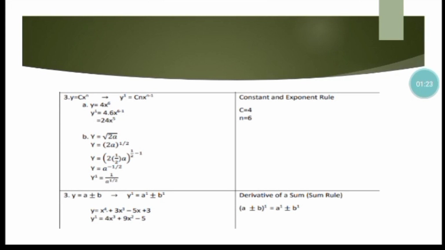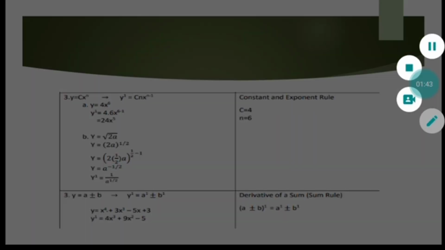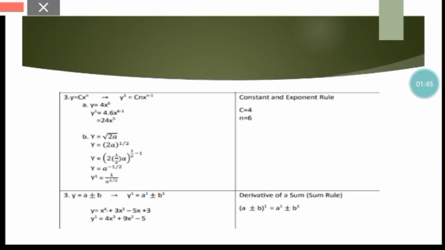In x to the fourth, multiply the 4 by 1, so 4, then 4 minus 1, so 4x cubed. Plus 3 times 3, 9, and 3 minus 1, so 9x squared. Then 1 times negative 5, so negative 5, and the constant 3 cancels. That is the sum rule.